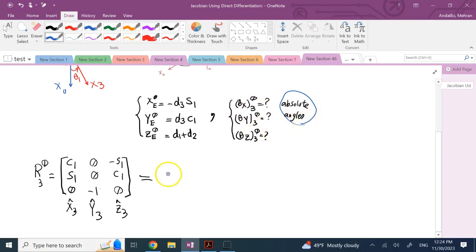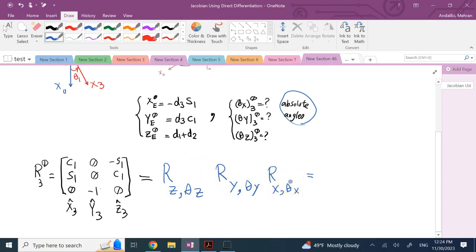So instead of multiplying the first one, which is x, then y, then z, you have to reverse it. So it's going to be Rz with angle theta z, multiplied by Ry with angle theta y, and multiplied by Rx with angle theta x.